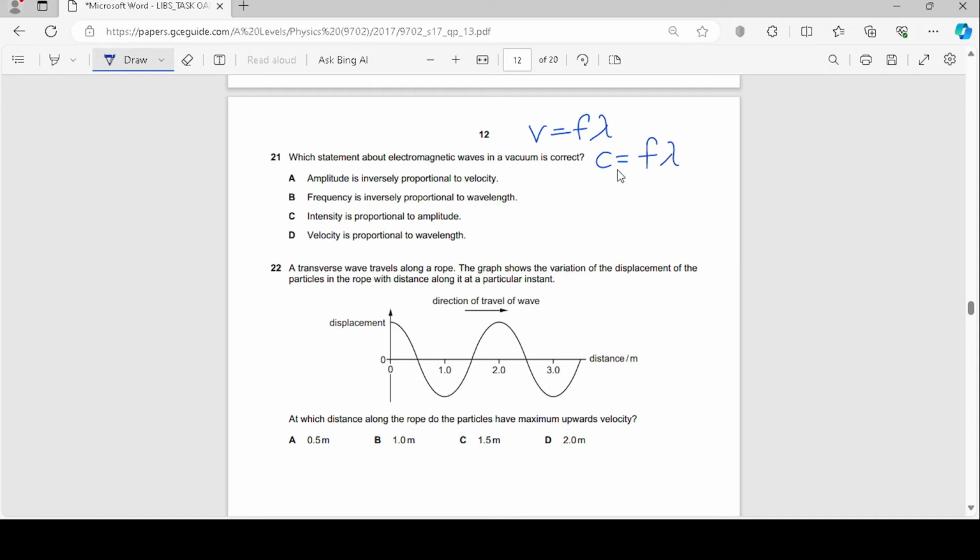because we already know that in a vacuum, especially, the speed of the electromagnetic wave is going to be the speed of light, which is 3.0 into 10 to the power of 8 meters per second.